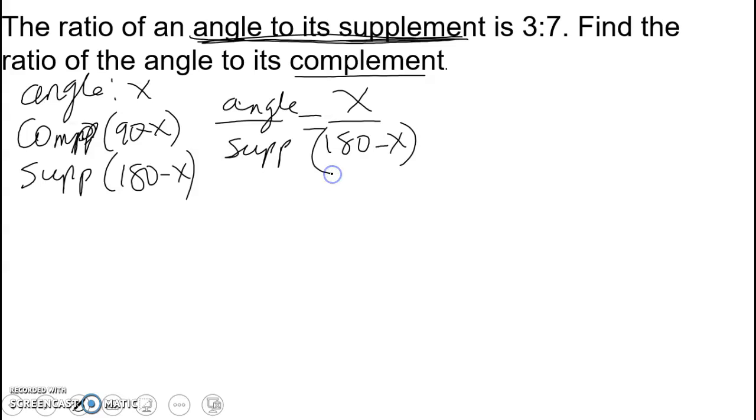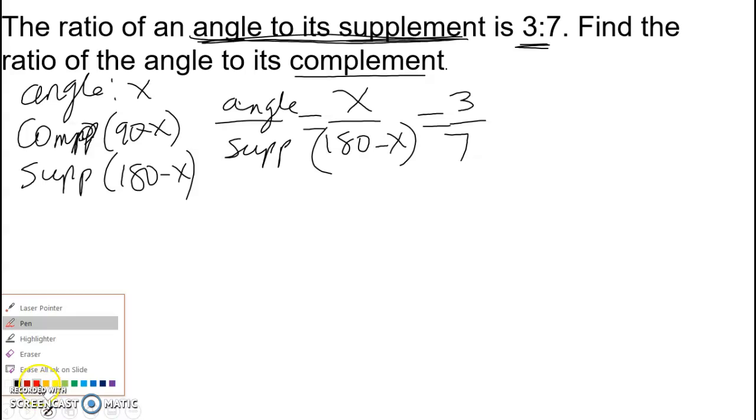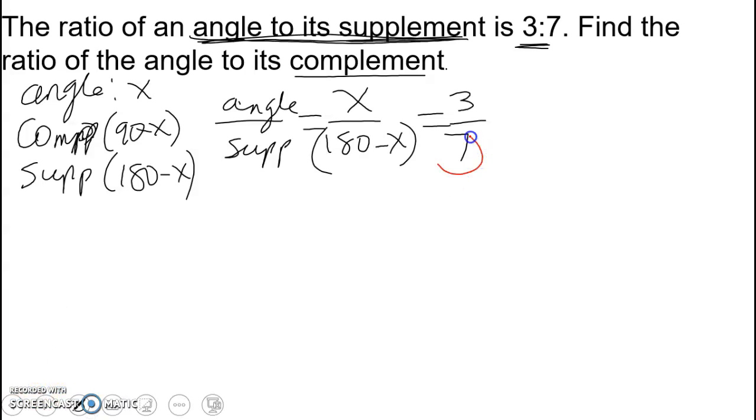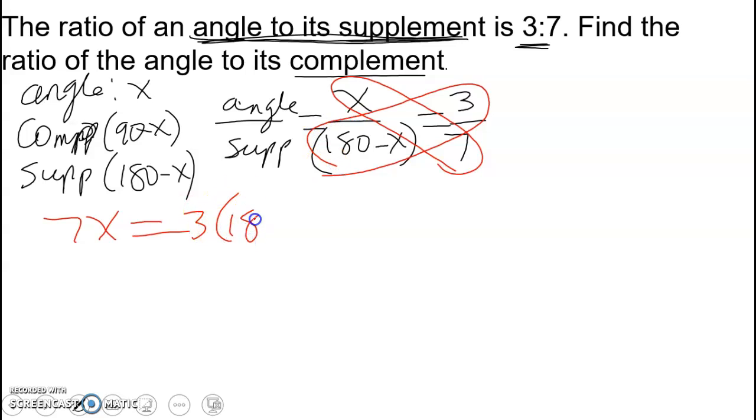Keep it in parentheses as a bunch. When the angle is 3, the supplement is 7. So we have a proportion, and we can cross multiply: 7 times x, which is 7x, equals 3 times (180 minus x).